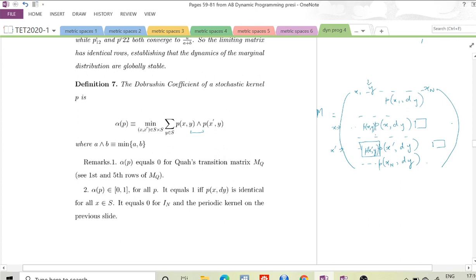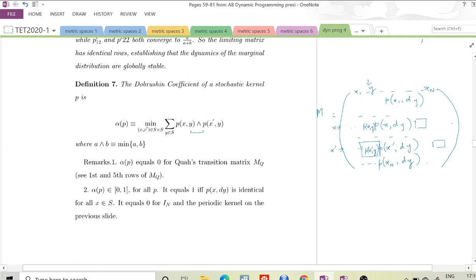What is this exercise telling us? Take any particular state y tomorrow, and suppose that amongst p(x, y) and p(x prime, y), the smaller number is 0. There's a 0 entry, right?